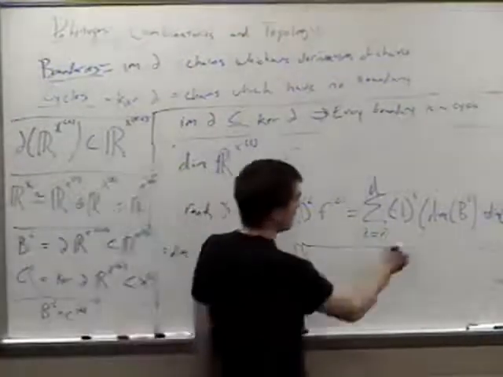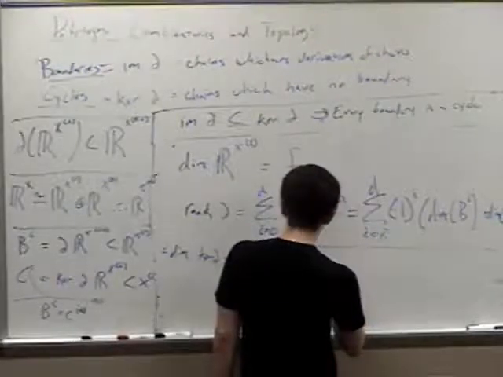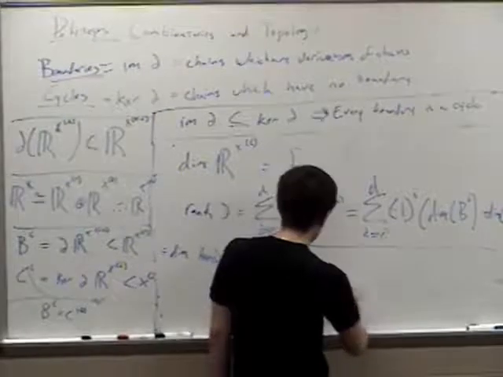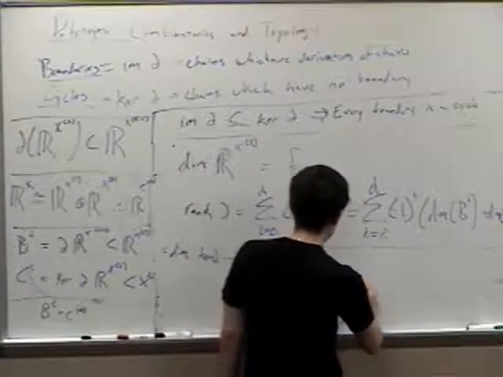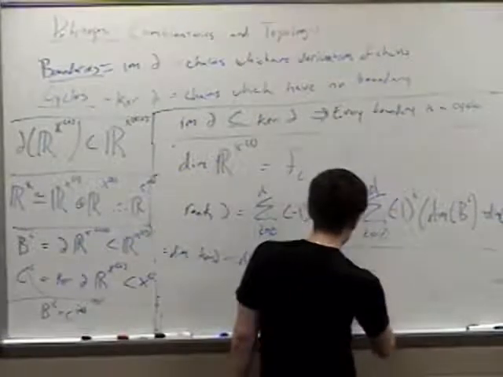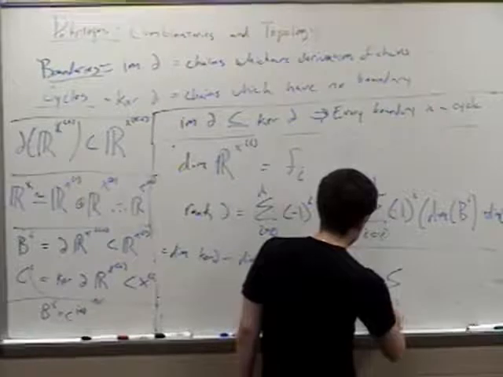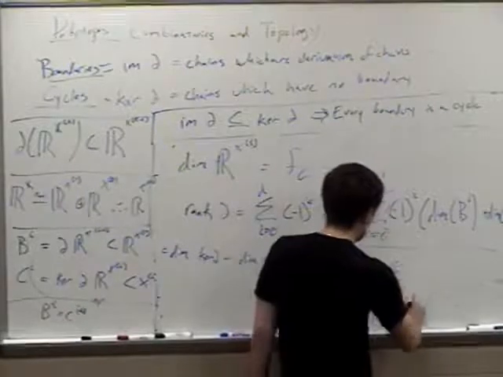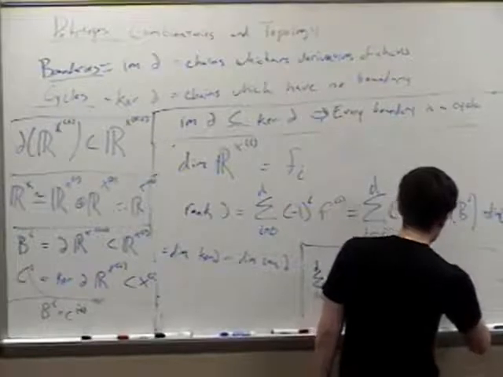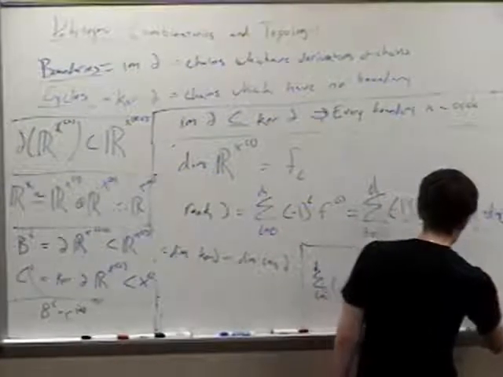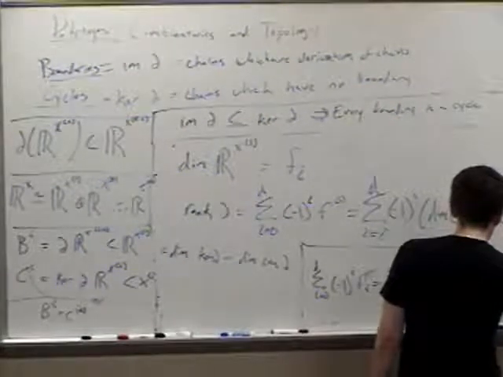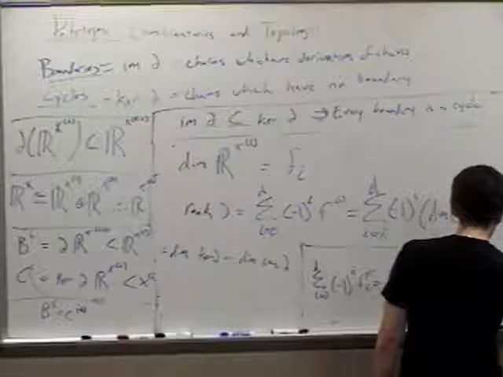So if I write all of this out, I'll get this is equal to the sum from 0 to d of negative 1 to the i, the ith f vector, is the sum from i equals 0 to d of negative 1 to the i, dimension b_i plus dimension b_(i+1).